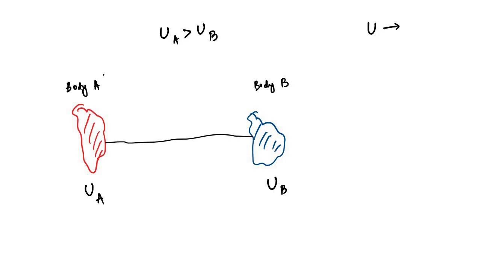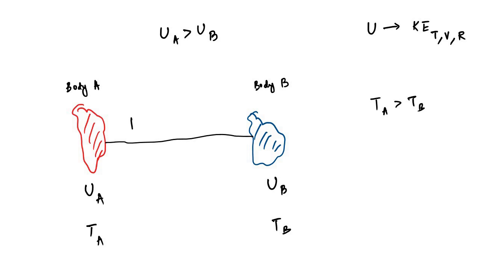Internal energy is the sum total of kinetic energies because of translatory motion, vibratory motion and rotatory motion. So as internal energy of body A is greater than internal energy of body B, naturally temperature of body A will be greater than that of body B.